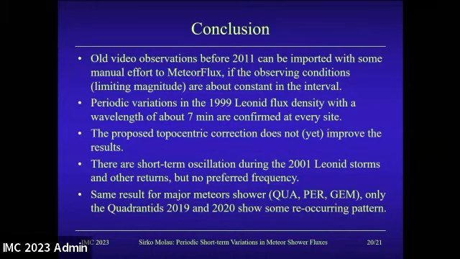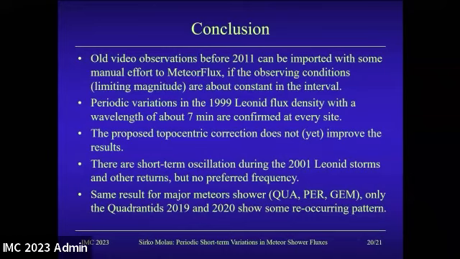So the summary, yes, we can load old observations into our Meteor flux tool, at least as long as the observing conditions remain constant. So we have a constant limiting magnitude. We definitely can confirm the 7-minute periodicity in the 1999 data. We could not see any further periodic variations in the Leonids, neither in 2001 in the storms nor in later observations.